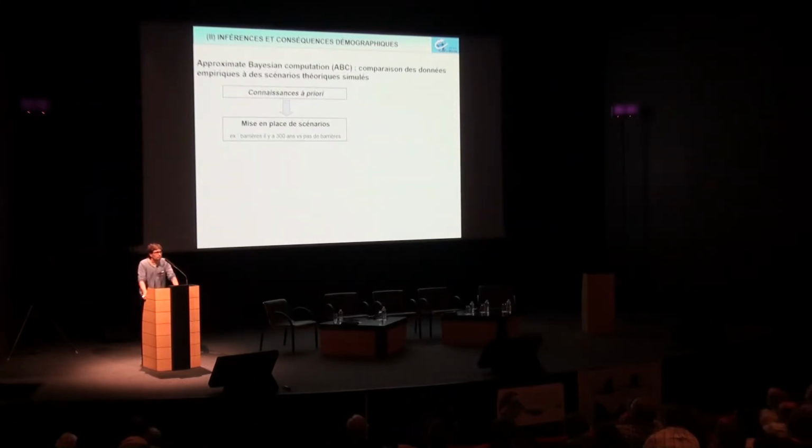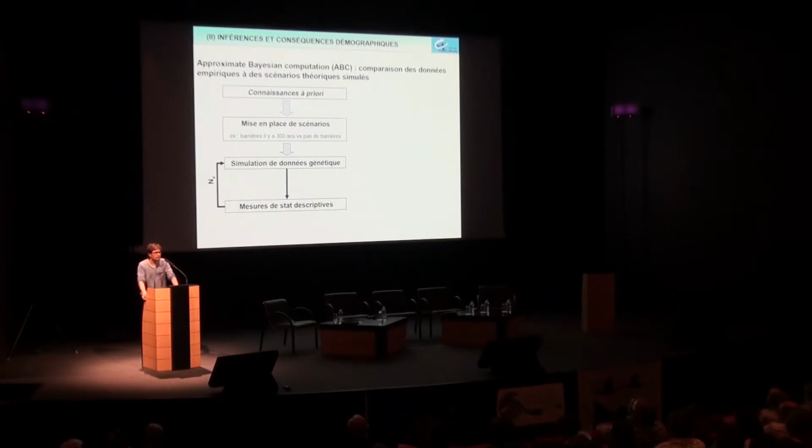Approximate Bayesian computation. I haven't translated it. The principle of this approach is to compare simulated data to empirical data of genetic diversity. So we have got knowledge, and then we implement scenarios that we imagine. For example, let's say that there was a barrier on a river 300 years ago, and on another river, no barrier.